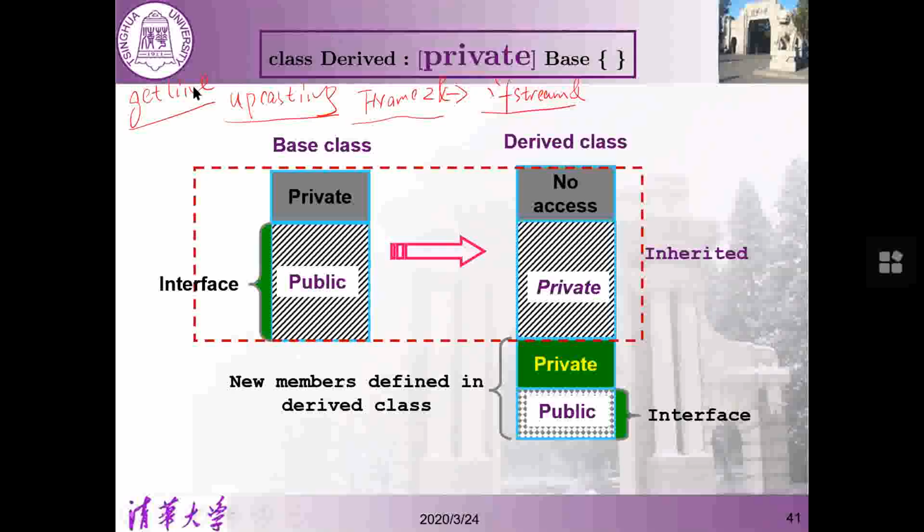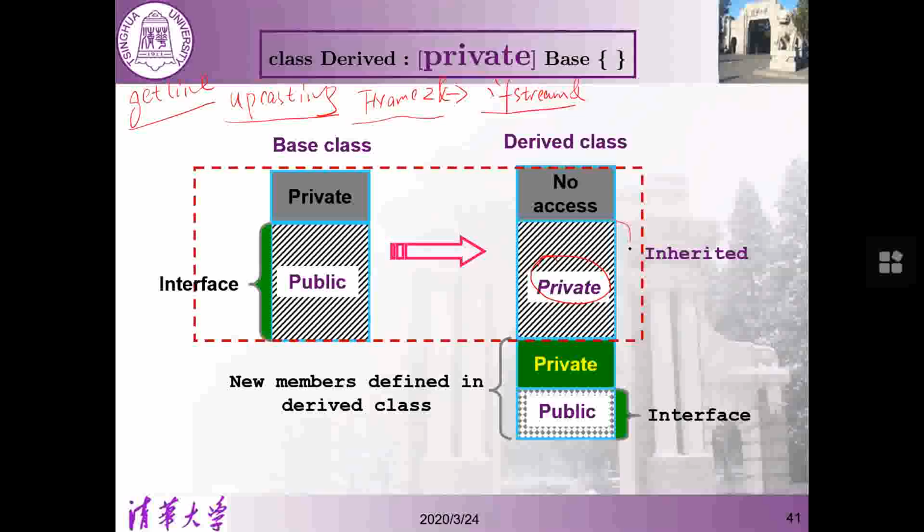Anyway, wherever the base object is used, we can use a derived object if we follow public inheritance. Now this is the rule. And for private inheritance, if we do private inheritance, this interface becomes private.